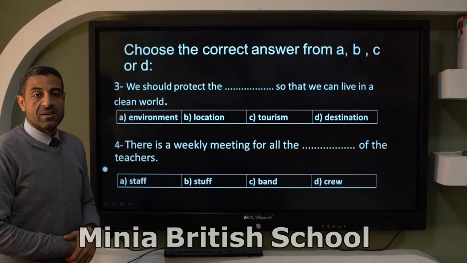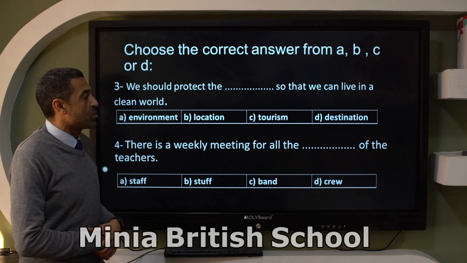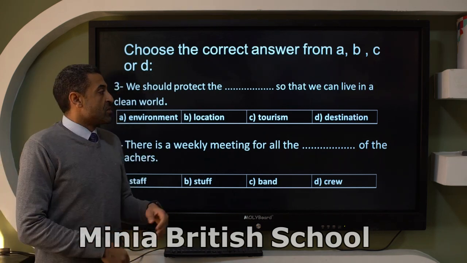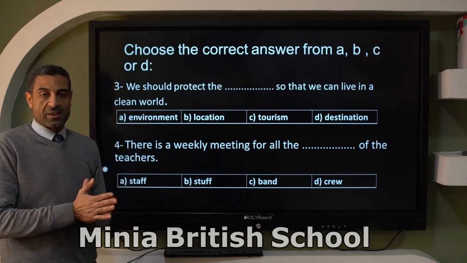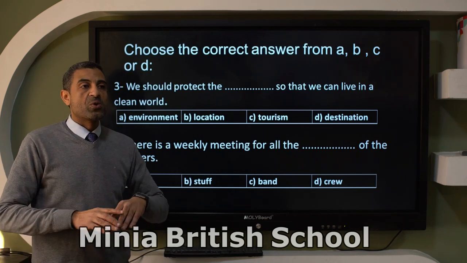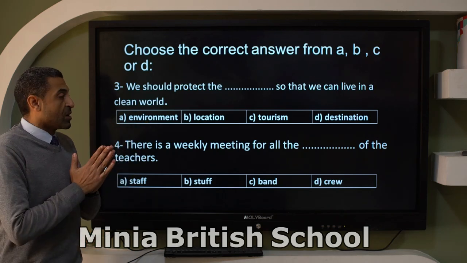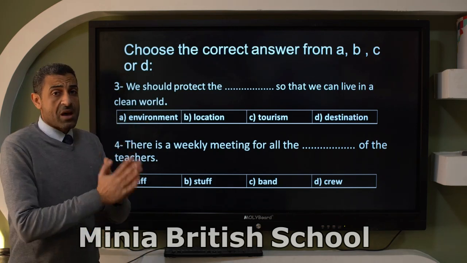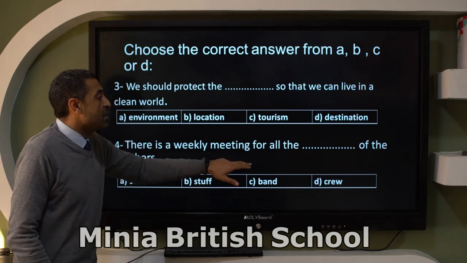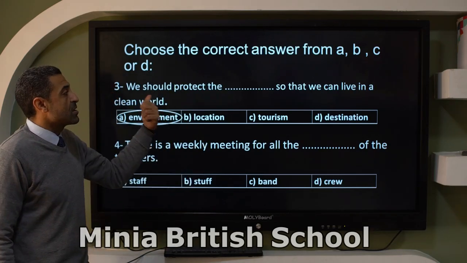Number 3: We should protect the blank so that we can live in a clean world. What can we protect to live in a clean world? We are talking about the world itself, and we are supposed to protect something which we live in. So it will be the environment. We should protect the environment.